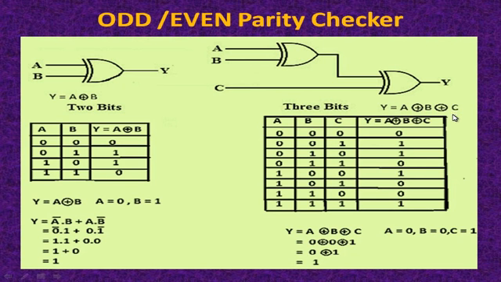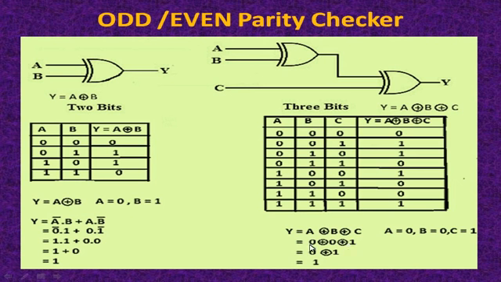Okay. Now how to solve this equation? Let us see. I have explained one case here. If A is equal to 0, B is equal to 0, C is equal to 1, then by putting the values, 0 XOR 0 XOR 1.